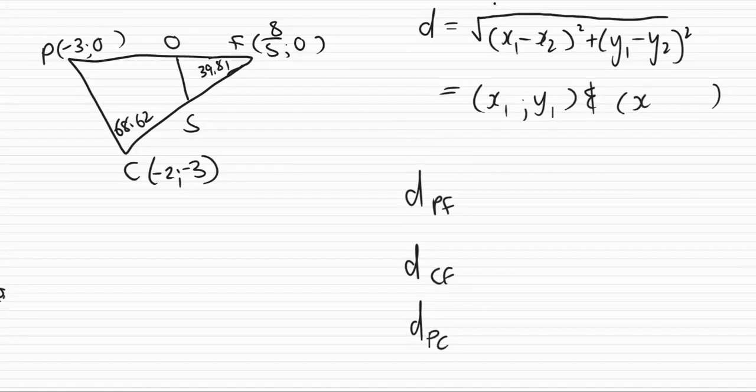Just remember, if you start on x1, you need to start on y1. And if you start on x2, you need to start on y2. So order matters because of these negatives.